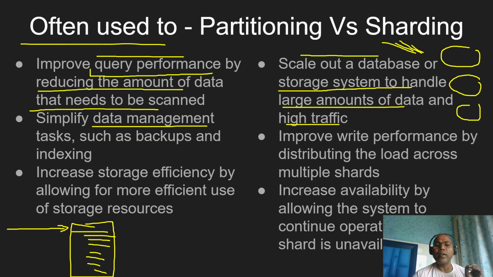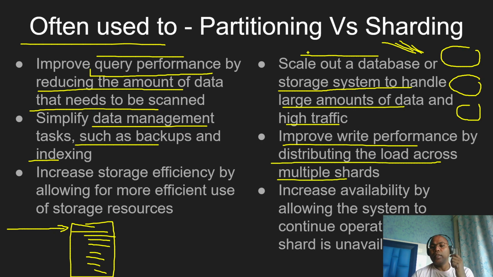This simplifies data management tasks like backup, indexing, and restore. It improves performance by distributing load across multiple servers, where each server performs its own tasks, so we are routing load to different database servers.